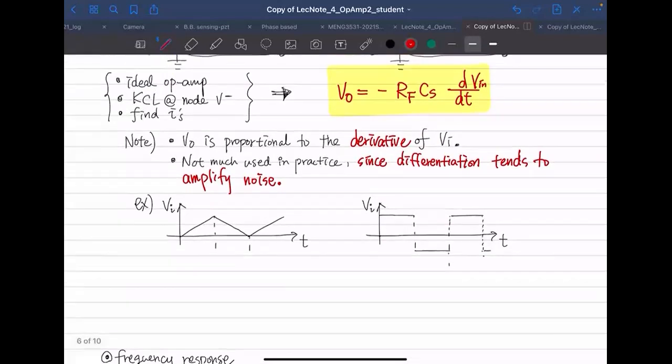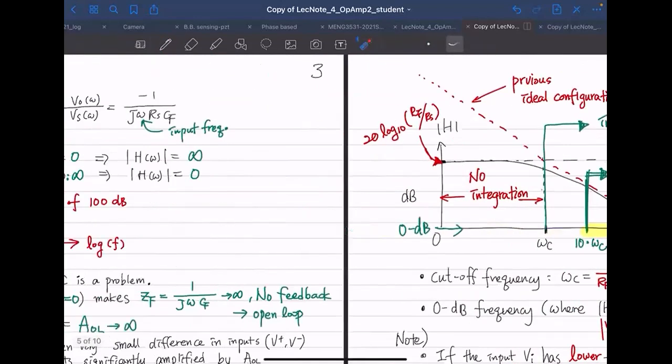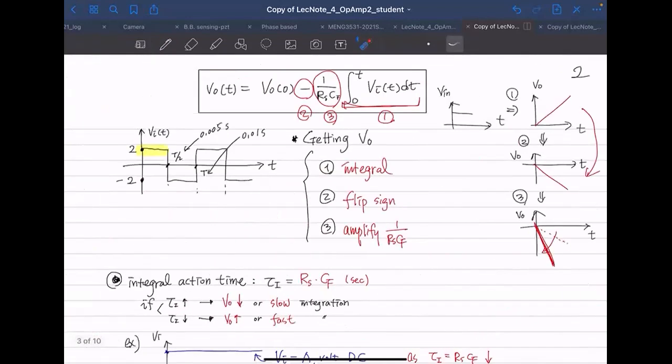And for the integrator, I talked about 3 steps to guesstimate how your output may look. If you go back to here, getting output: first do the integral, flip the sign, amplify some signals.